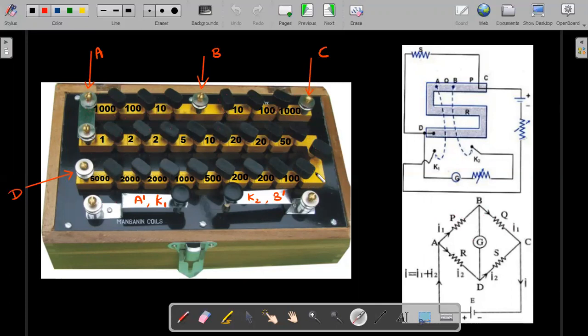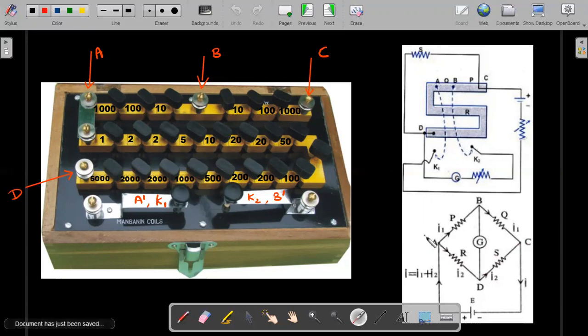So the two arms of this post office box correspond to the resistance between A and D. What's inside these keys and all, we'll try to ascertain. That would be called the standard resistance R. And the value of S is usually associated with an unknown resistance, so S is to be found out.